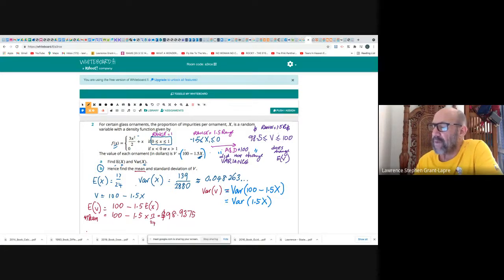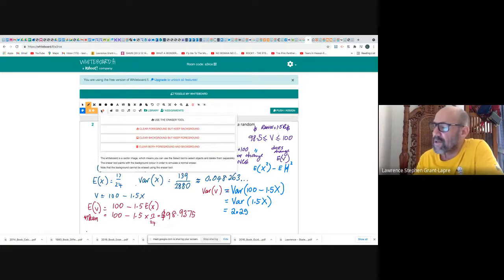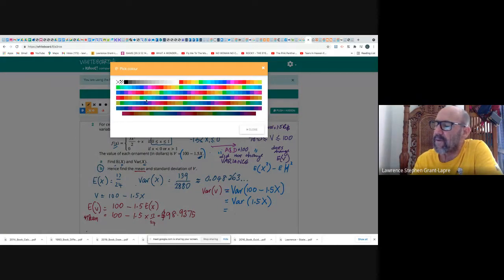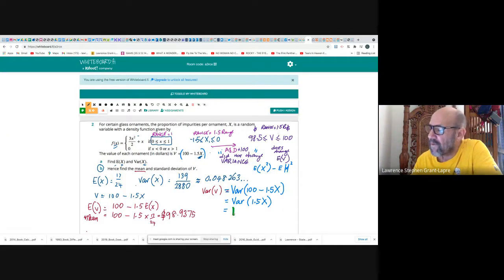But what we have to remember is when we calculate variance, we use x squared, we use the mean squared. So when we square 1.5, that will become 2.25. So I'll just change that to 1.5 squared times the variance of x.